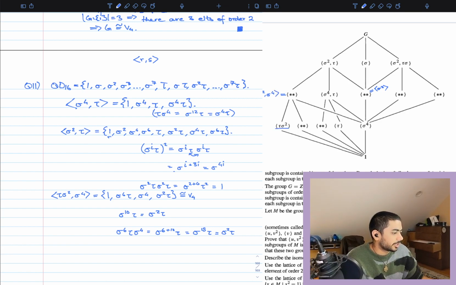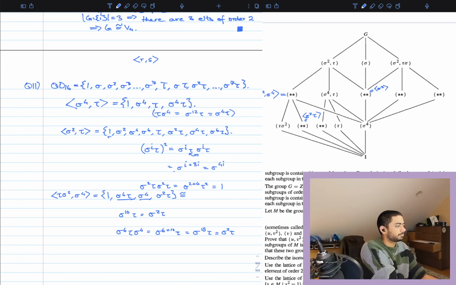So that means this has to be the one left over, right? Tau sigma squared is really the same thing as sigma 6 tau. So this corresponds to this up here. This corresponds to this here. And that means what's left here corresponds to sigma squared tau. Nice.